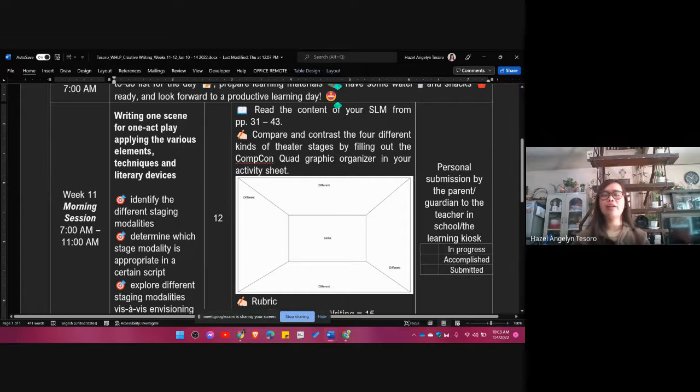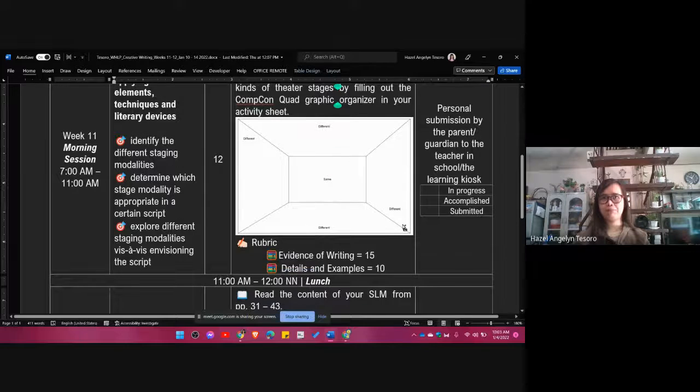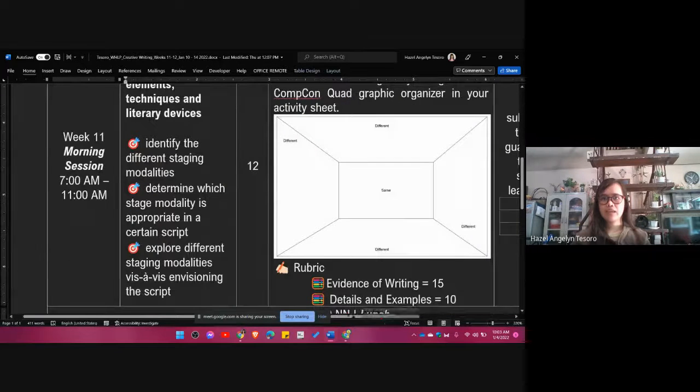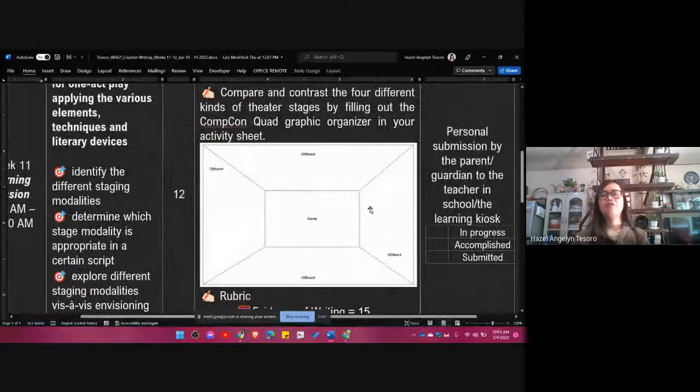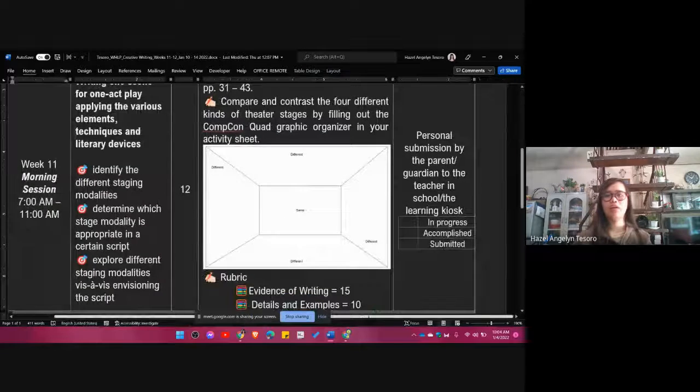So here's a comparison-contrast quad graphic organizer. You're going to put in the differences on the sides, and the similarities are in the middle. So that goes there. Okay?